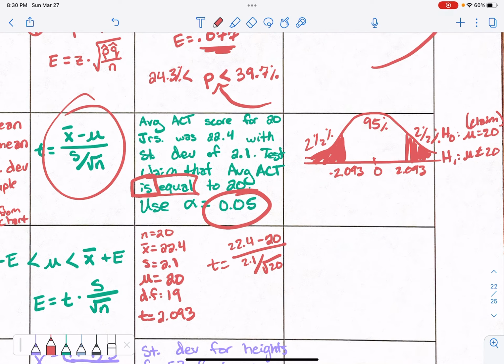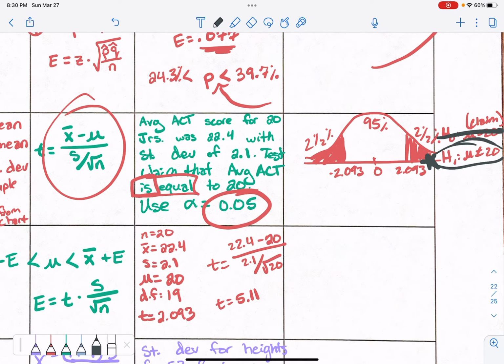Mine is not quite accurate because I did some partial rounding, but I got 5.11, which is all the way out here in reject land.